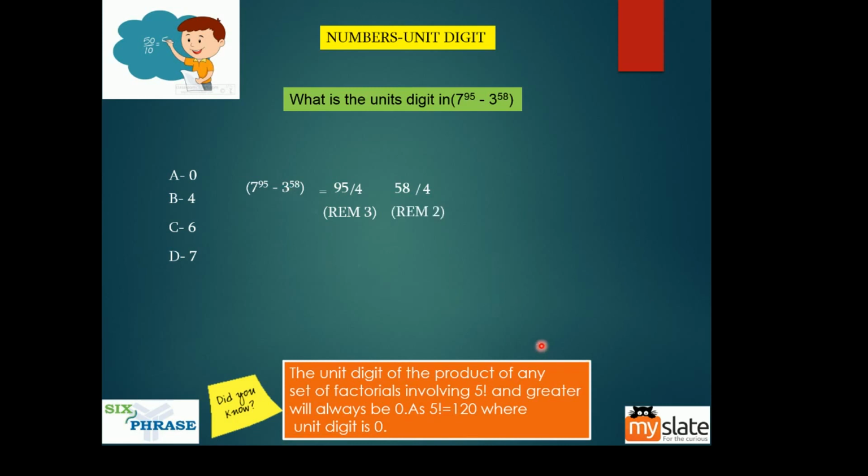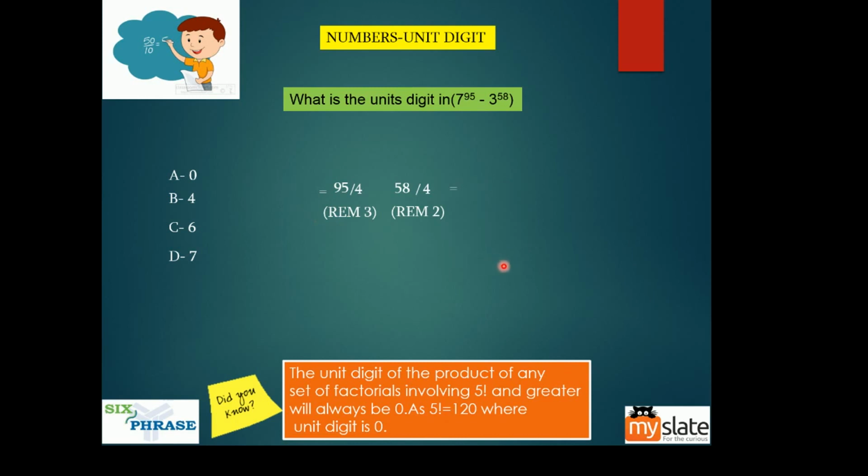Well, you know, when the remainder is 3, for the digit of 7, what is the unit digit? It is 3, right? For a remainder of 2, when the digit is 3, what is the unit digit?